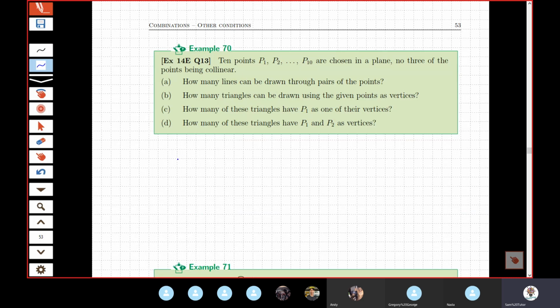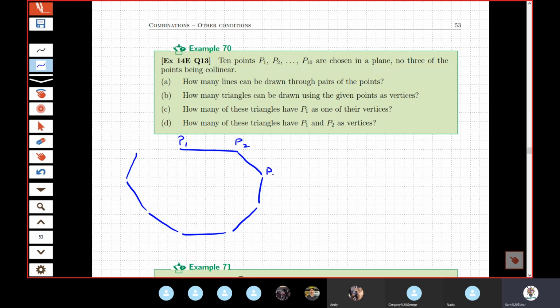So let's think about this. You've got P1, you've got P2, you've got P3. Well, let me start again. I stuffed that up a bit, but it's okay.